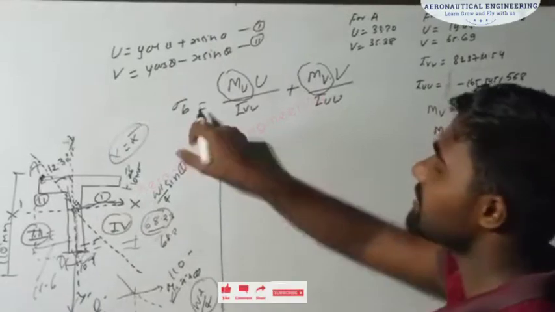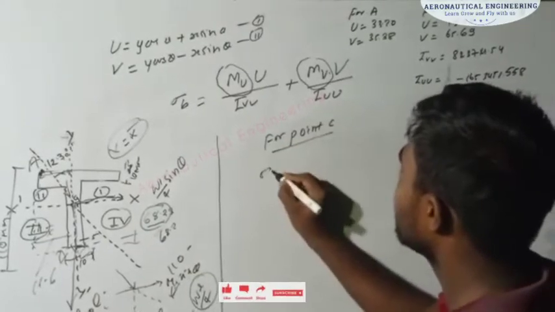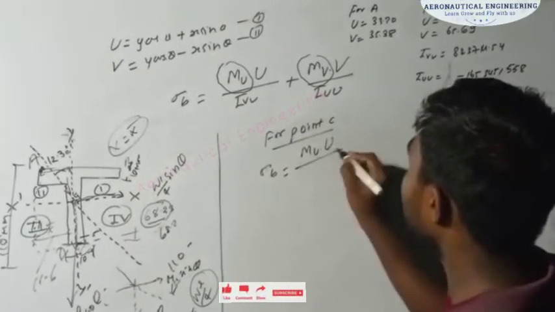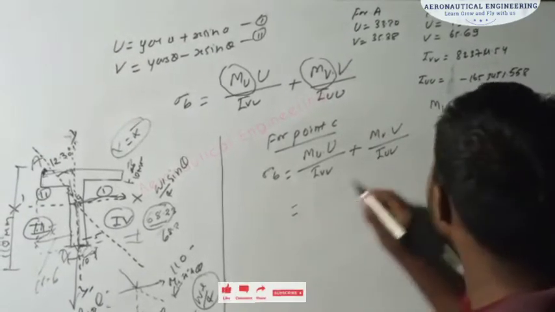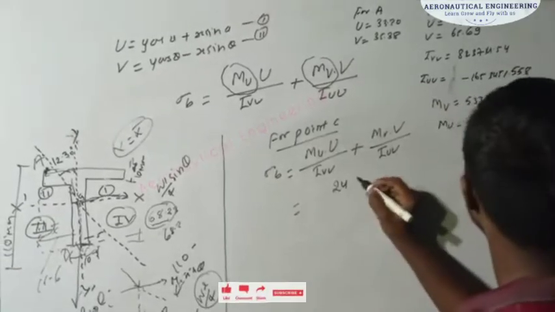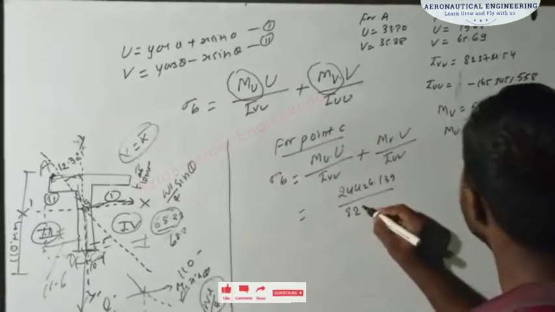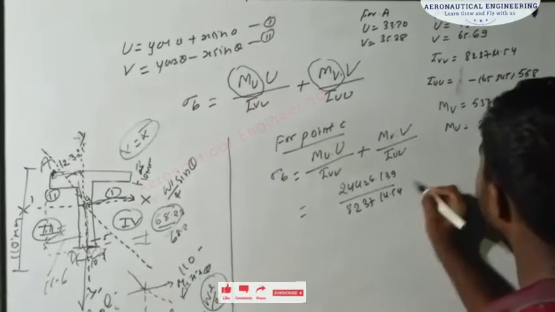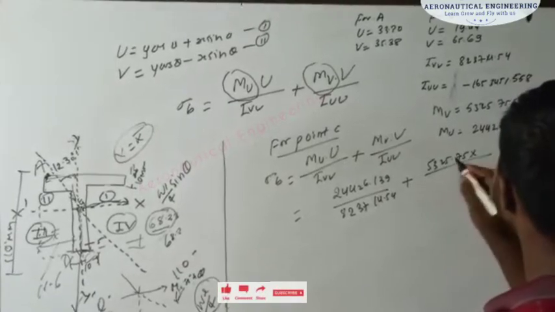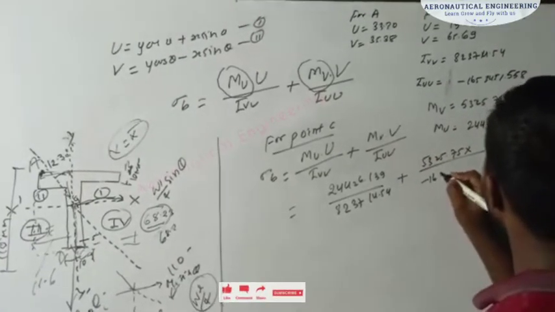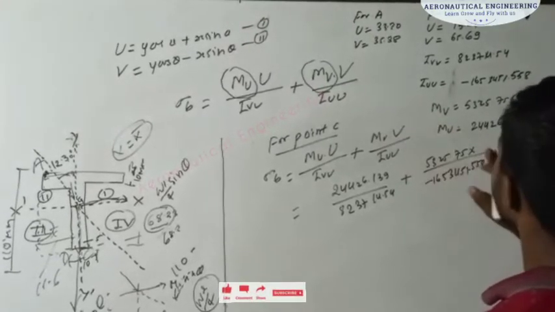Now we have to find out bending stress at point C. So for point C, sigma b equal to Mu into u upon Ivv plus Mv into v upon Iuu. We know that Mu value is 24426.39 upon Ivv value is 823714.54, plus Mv value is 5325.75 upon Iuu value is minus 1653451.558 into this one is v value.